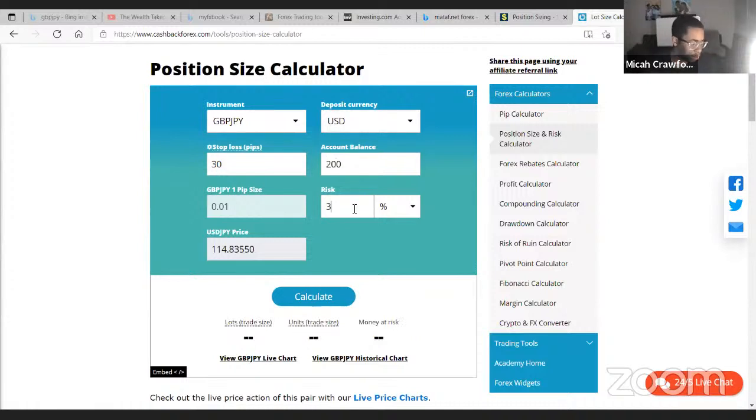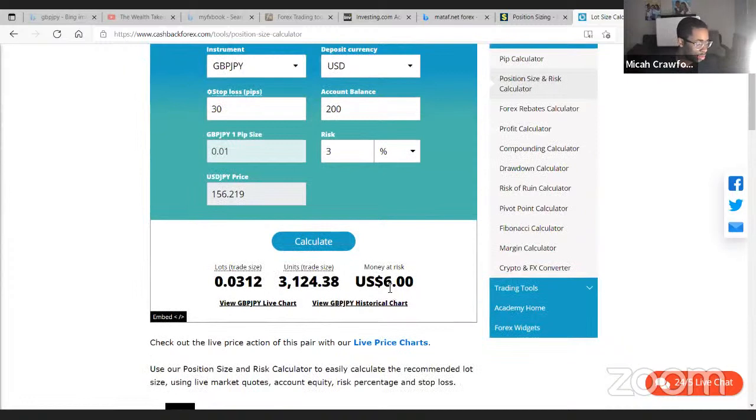I only want to risk 3%, and the current price of GJ is 156.219. All right, so it gives you the lot size that you use and the amount of money that you're risking. So when we call out trades for you guys, the lot size that you're going to use is the 0.03.